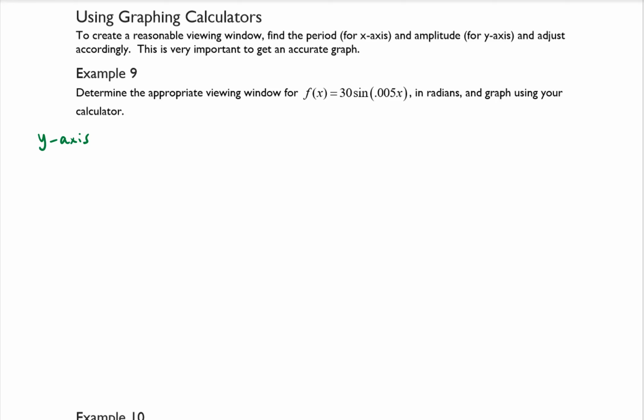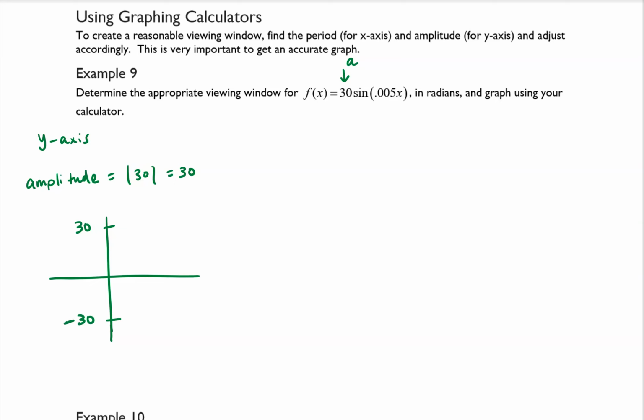And we know here that our a value is 30, and so our amplitude is equal to the absolute value of 30, which is equal to 30. So that means that the highest point, because there's no vertical shift, the highest point that our sine graph will attain is 30, and the lowest point will be -30.